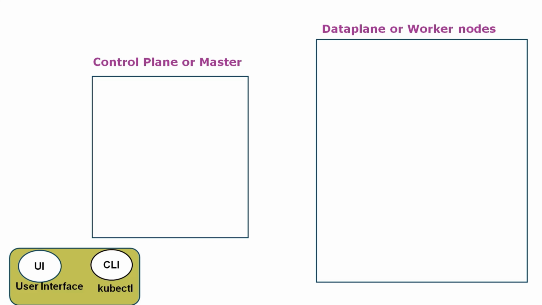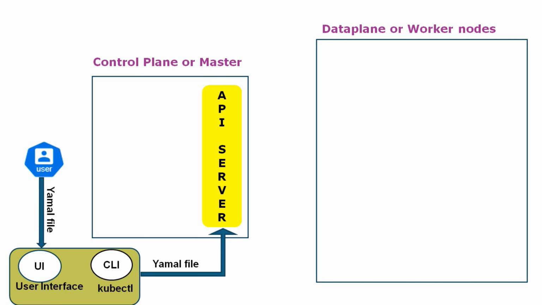First, in the control plane, there is one component called the API server. When I say API server, it's a small program which does a particular activity or task. So as a user, when you first give your desired state, kubectl reads your YAML file and gives it to the API server.